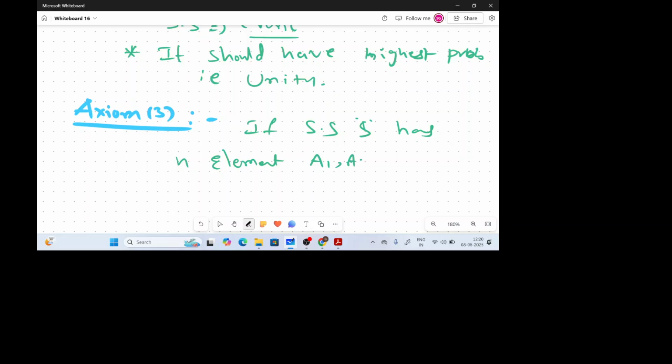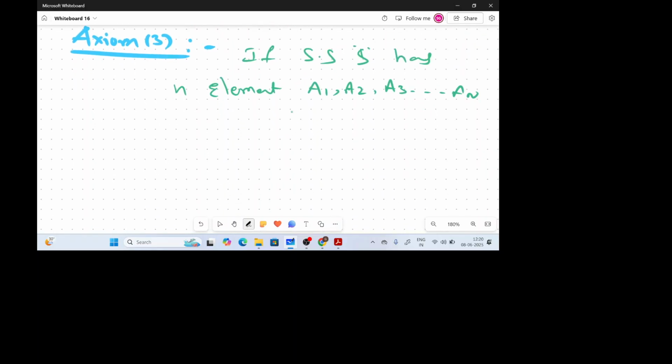A1, A2, A3, and so on up to capital N, where N may be even infinite, such that all the events are mutually exclusive. So these are mutually exclusive.